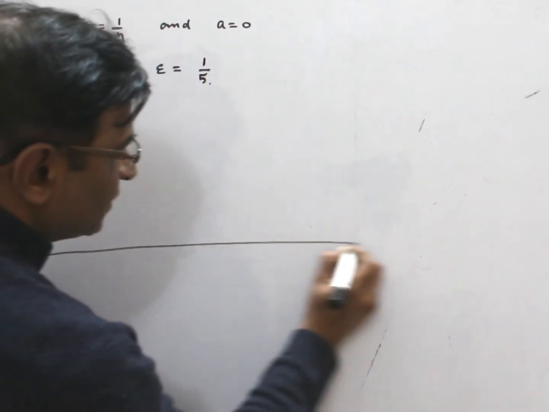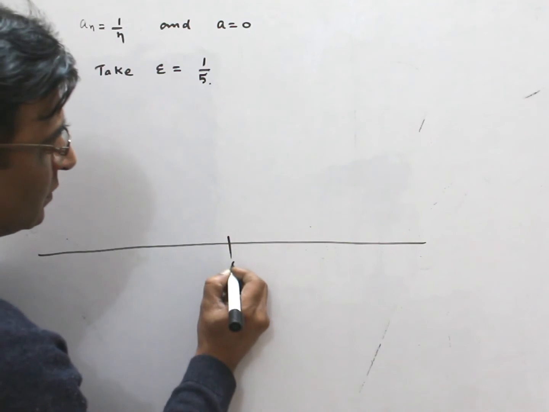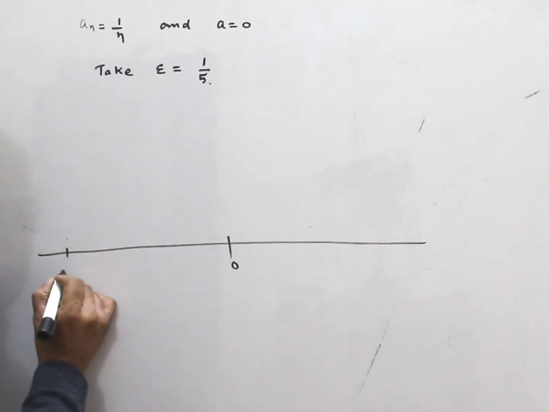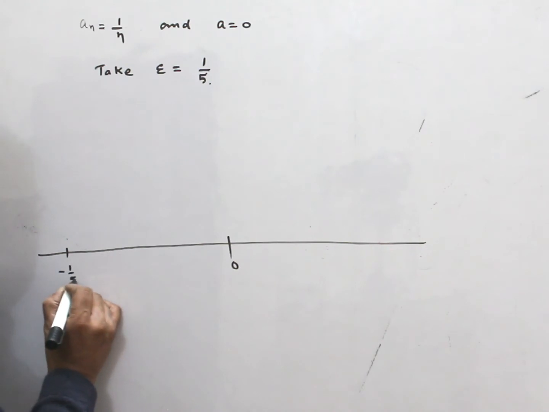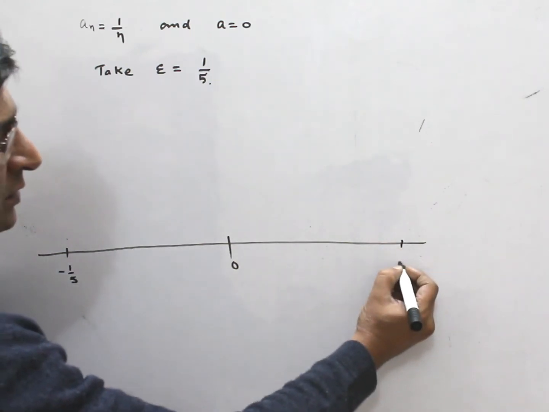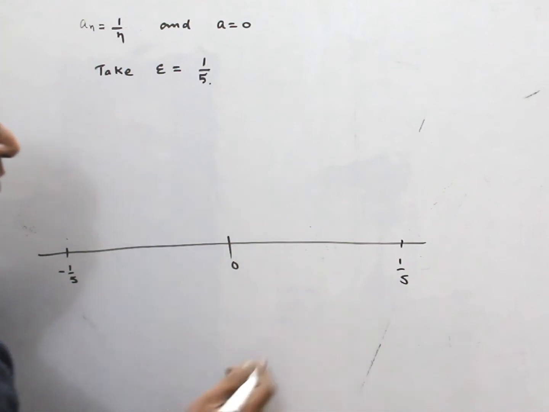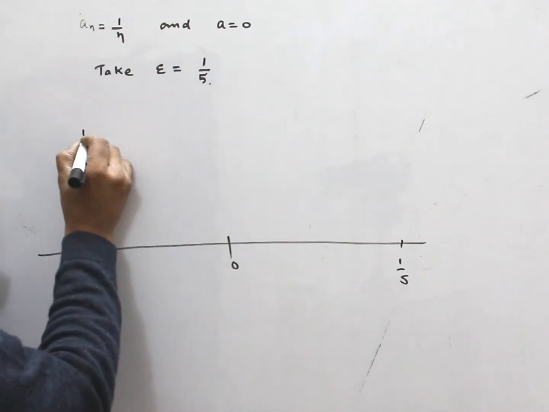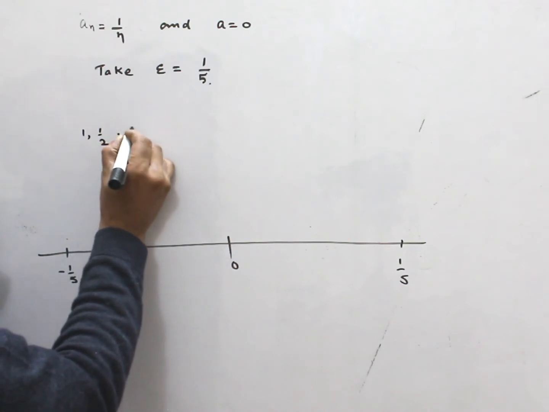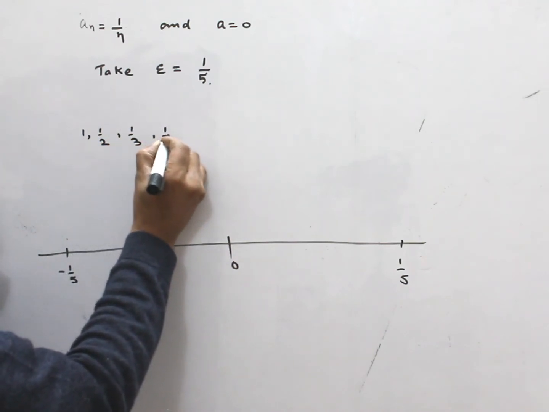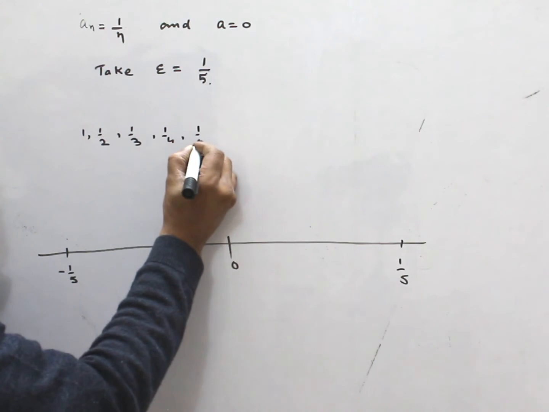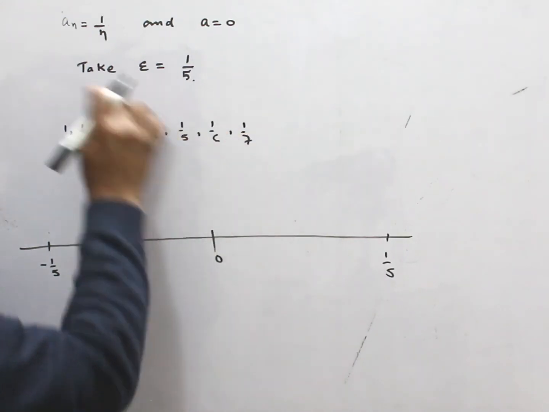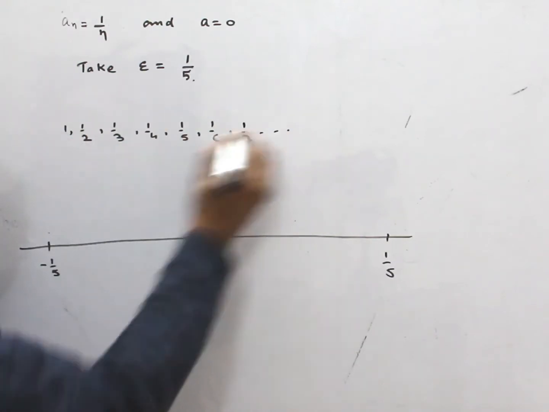This is 0. Now this is minus 1 by 5 and this is 1 by 5. So how many terms? This means 1 by 2, 1 by 3, 1 by 4, 1 by 5, 1 by 6, 1 by 7. These are the terms of the sequence.